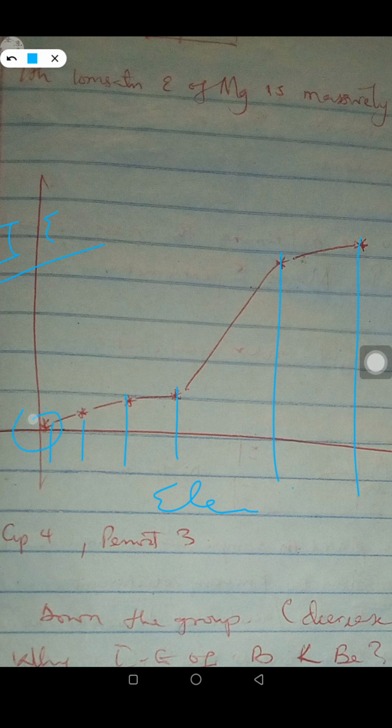If I want to remove the first electron, I would need lesser energy, and that's this. If I want to remove the second one, I'll need relatively greater energy than the first one, which is understandable. If I want to remove the third one, I'll still need a relatively greater energy than the second, which is fine.